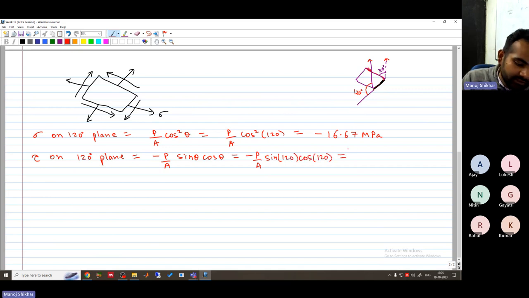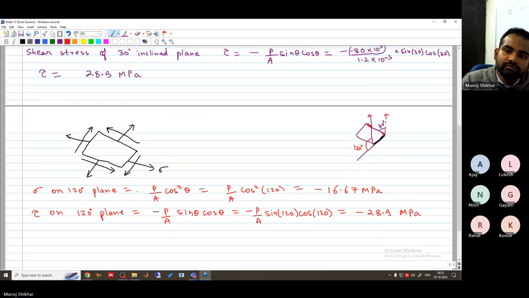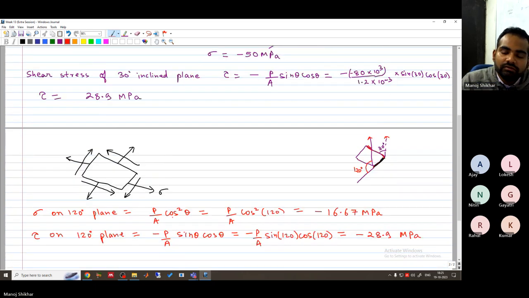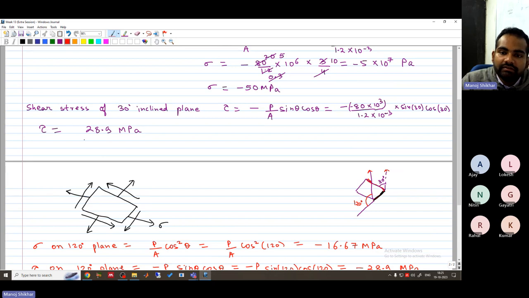So here we will get the result plus 28.9 MPa. So depending upon the sign of this tau, we decide if it is clockwise or counterclockwise, right? So here the sign is positive. So this is counterclockwise.